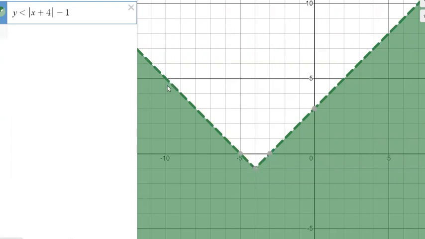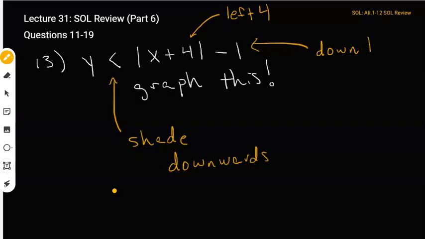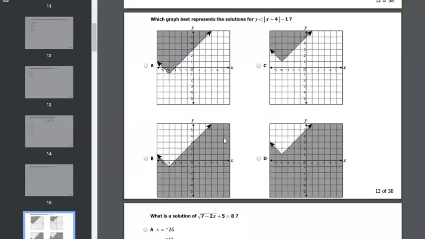Another thing about it is it has dotted lines. And that's because it's a less than symbol, not a less than or equal to. So we're going to have those dotted lines. So the answer is going to be B.